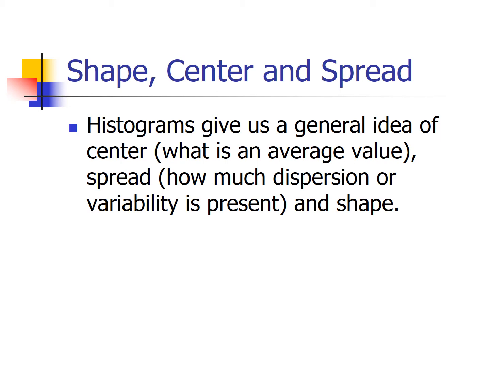Spread, again, is a fancy statistical term for the overall dispersion, the variability that's present. And third, and really most importantly, a histogram gives us an idea of the shape of a variable's distribution. Let's talk about the first two briefly, and then spend considerably more time talking about shape.